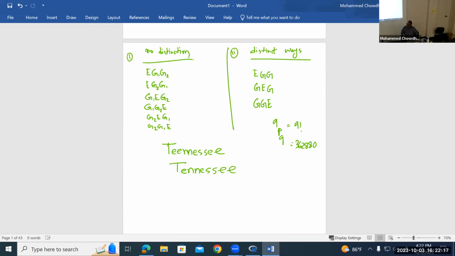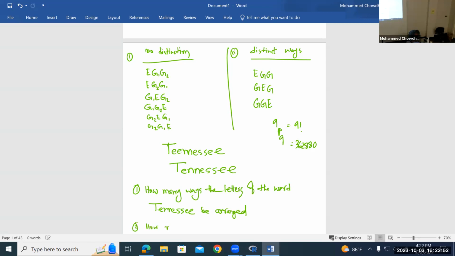Do you understand 2 questions? One question is, how many ways the letters of the word Tennessee be arranged? Number 2, how many distinct ways?